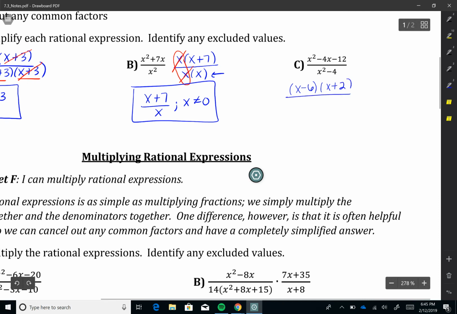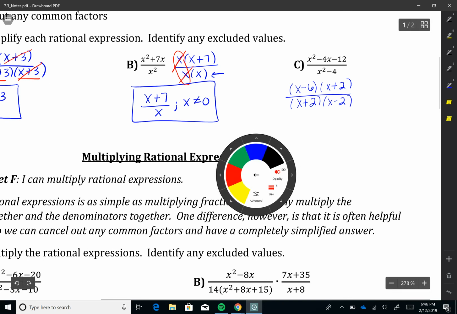The denominator x squared minus 4 is actually a difference of squares binomial, which factors to x plus 2 times x minus 2. Now we see we have a common factor of x plus 2 in the numerator and the denominator that we can cancel. And we are left with x minus 6 over x minus 2.